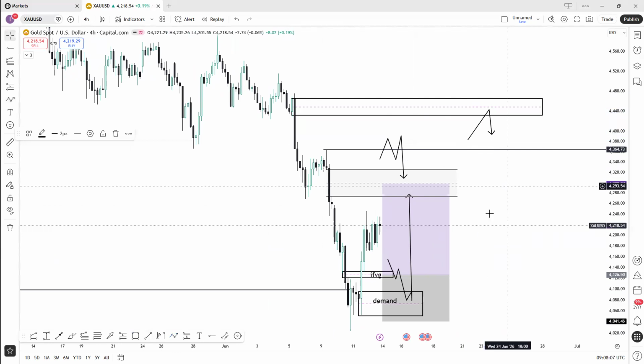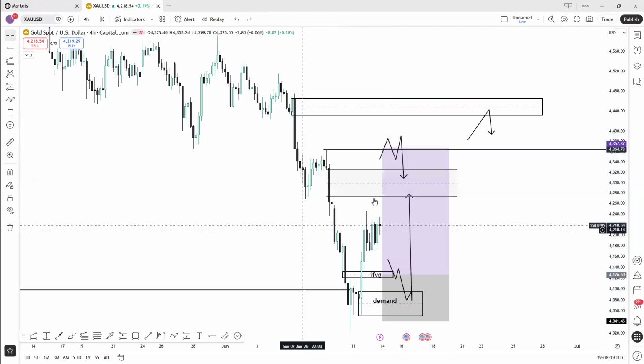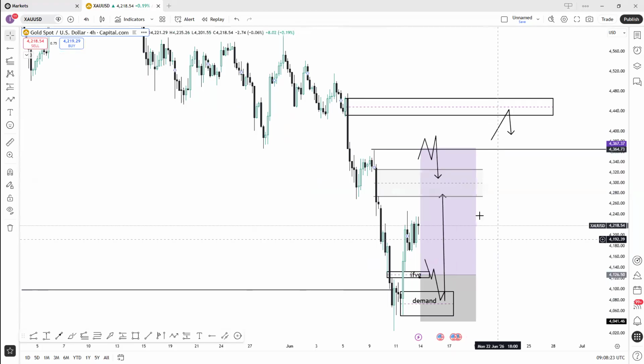So when you pick a buy, target this fair value gap. If there's no any reaction, find here on this section, no reaction, this supply. Okay, so that is it on gold.